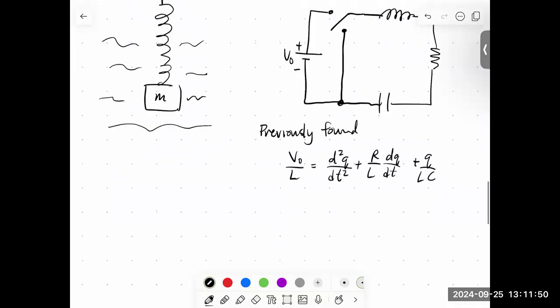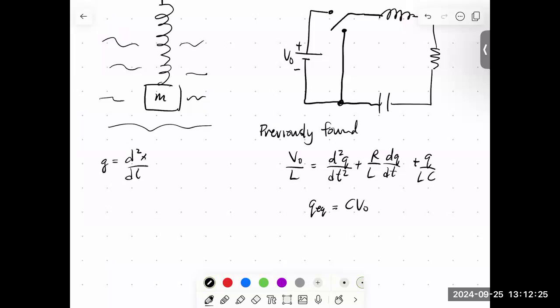And then we found Q equilibrium was equal to C times V naught. And remember, the way we did that is we said, once we reach equilibrium, the charge will no longer be changing on the capacitor. So it's constant, dq dt is 0, d2q dt2 is also 0. You set these things equal to 0, solve for the charge, and then you get C times V naught because the L's cancel.